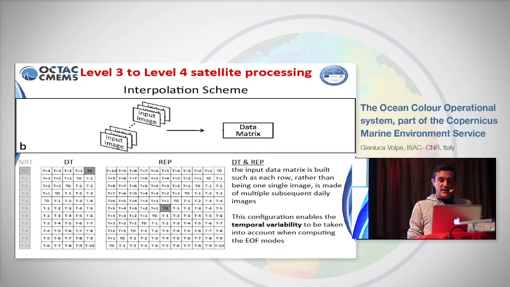In the delayed time and the reprocessed data, within these two other configurations, the input data matrix is built such that each row, rather than being a single image as before, is made of multiple subsequent daily images. This configuration allows the temporal variability to be taken into account when computing the EOF modes.